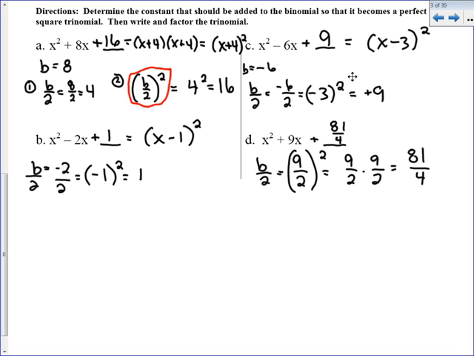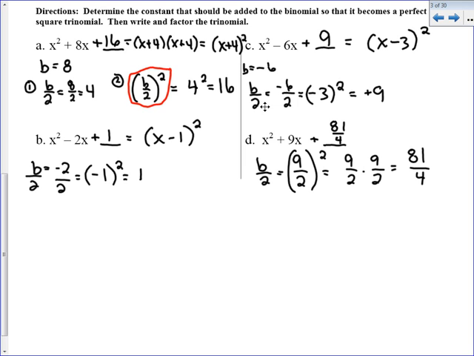Notice the only thing that's changing in all of these problems is the number that goes with x. Well, where did I first see 4 in this problem? B over 2. Not the squared. When I squared it, I got 16. But when I did b over 2, 8 divided by 2, I got 4. Positive 4. What ended up in my factor? Positive 4.